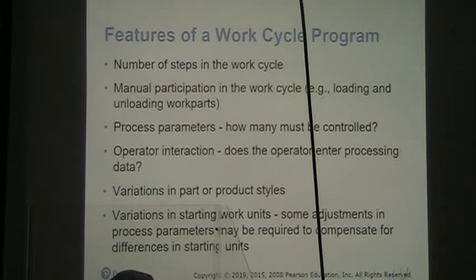There may be manual participation in the work cycle in that people have to load and unload the work parts, right? So usually when that happens, the machine signals that it's done, the worker goes, they unload the finished piece, they put in the unfinished piece to be worked on, close the door, punch the button to say start.